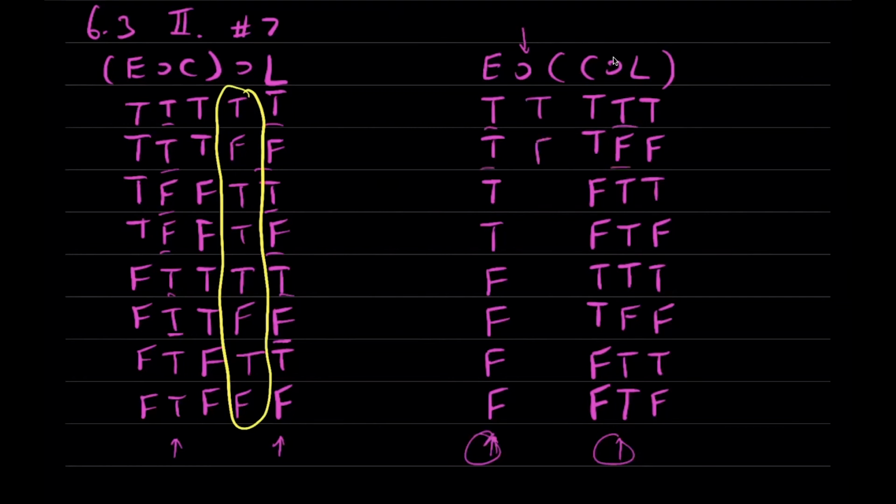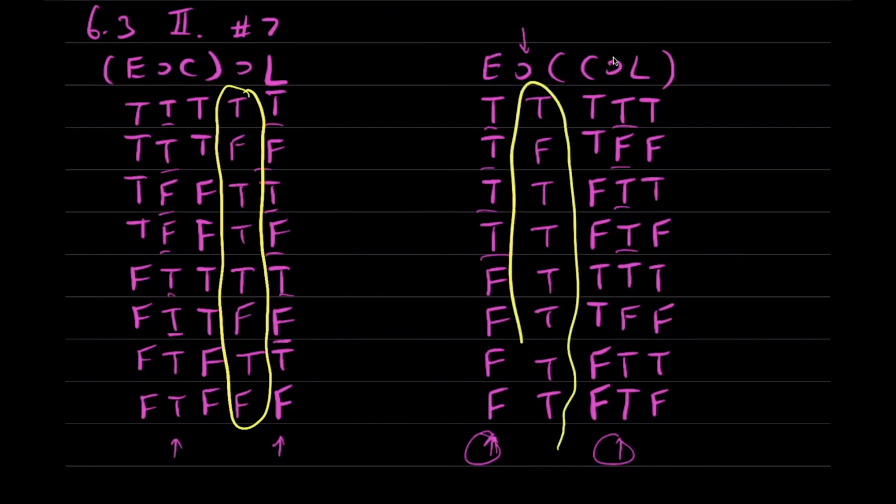That would be false. Something true implying something true. That's true. Something true implying something true. That's true. And if you notice, we have falses as the antecedent all the way down from there. So these are all going to be true. And we can just skip ahead a little bit and fill those out. Now I'm going to circle that column because those are the values we care about, like so.